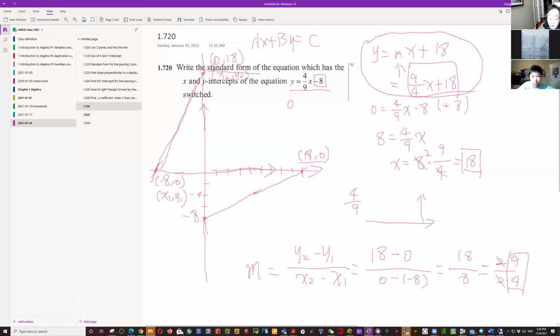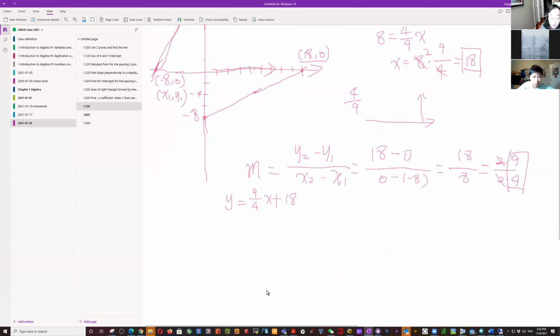Certain problems have more steps to go through. y equals 9/4 x plus 18. So I'm going to move this to this side, so this is going to be minus 9/4 x. So y minus 9/4 x equals 18.